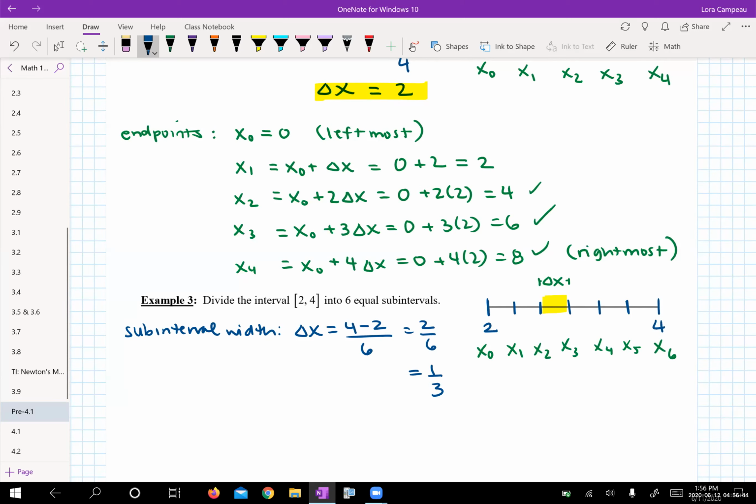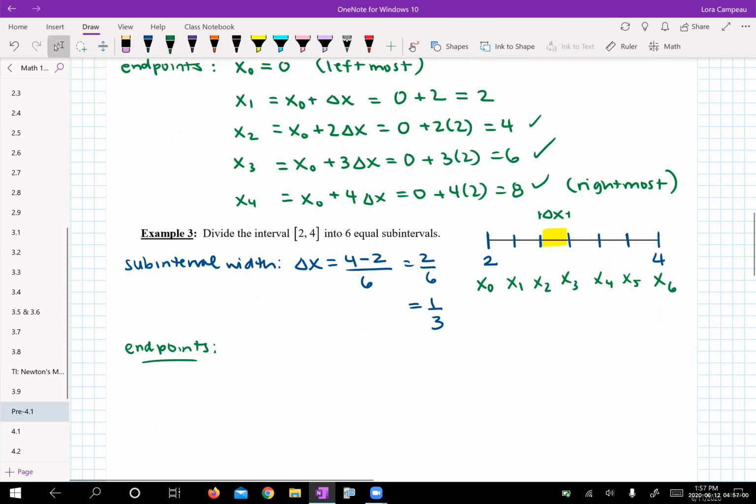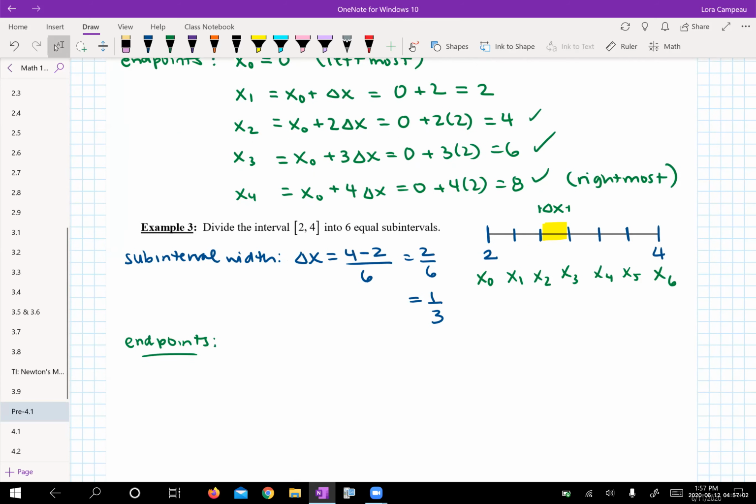And now just by counting, you can say, oh yeah, well, x1 is 2 plus 1/3. x2 is 2 plus 2/3. And that's fine. Let me just help you out though with notation, just in case we have to use it. So take your time on this. And we keep in mind our x of 0 was already defined as 2.